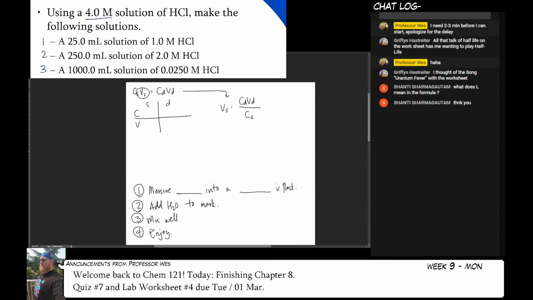So for number 3, we have 1,000 milliliters we want this time. I'm still using the same 4 molar stock solution, and this time I want 0.0250 moles per liter. So let's run it through the calculation again.